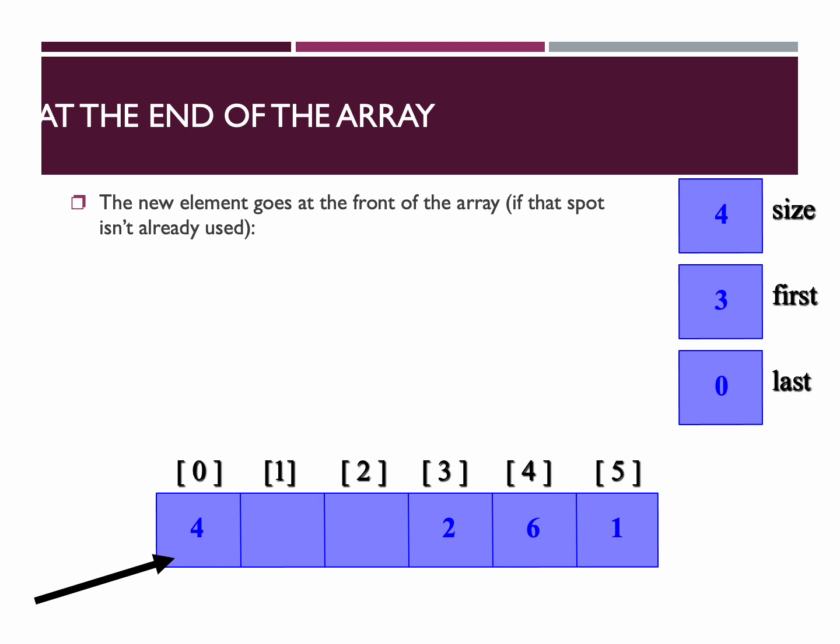We had the last element at address 5 before, but when we added, it was added at 0. It was empty, that's why it was added at 0. So now the last element is 0.